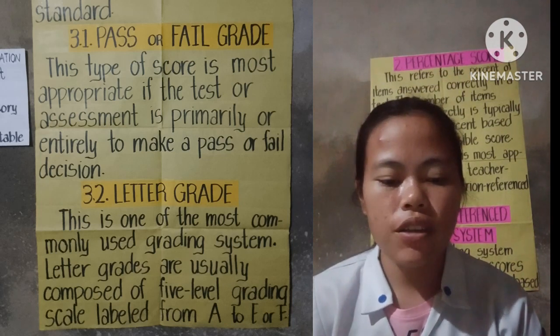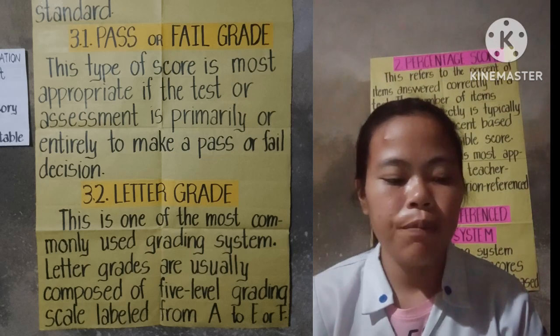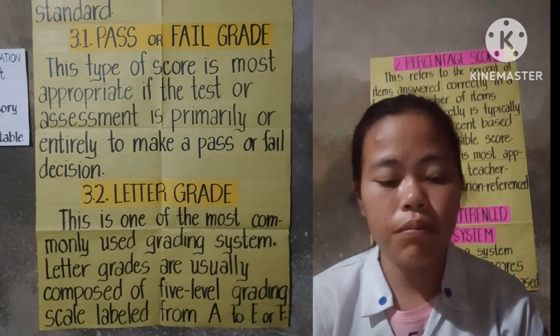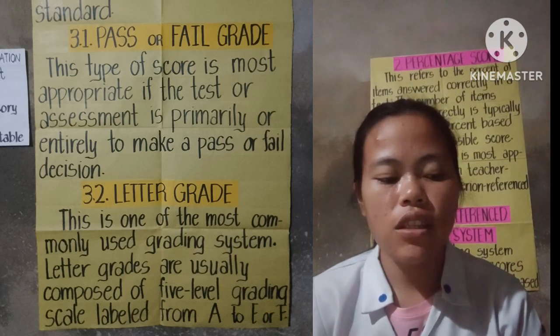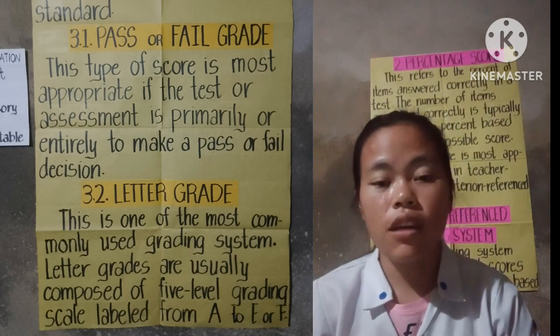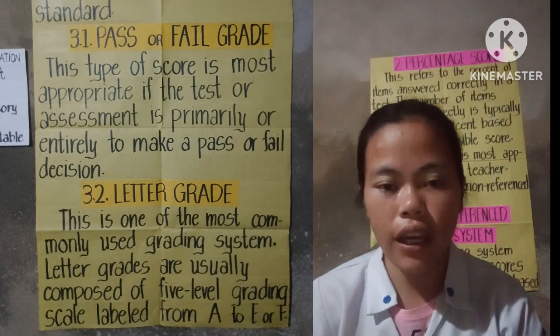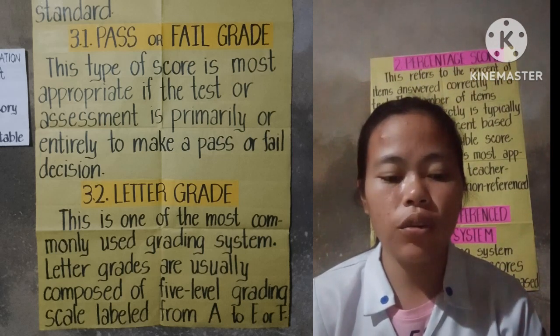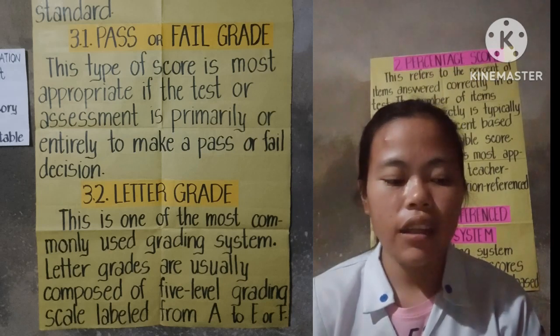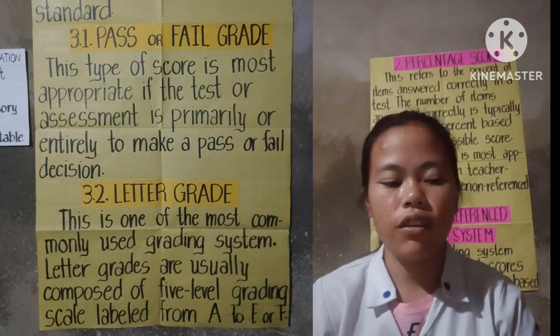Pass or fail scoring is most appropriate for comprehensive or licensure exams because there is no limit to the number of examinees who can pass or fail. Each individual examinee's performance is compared to an absolute standard and not to the performance of others.